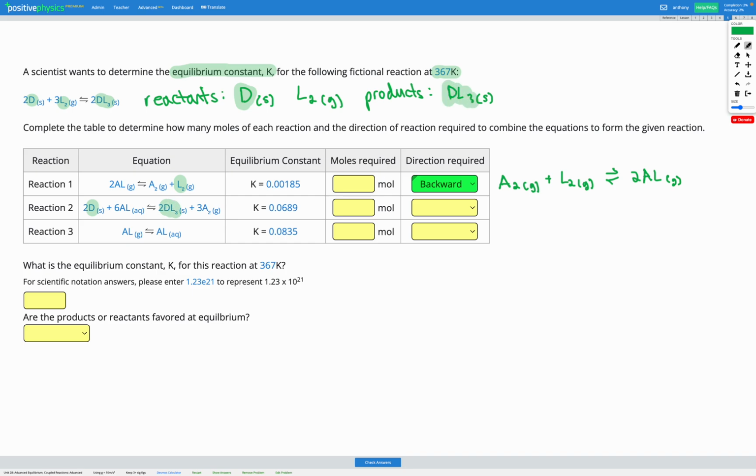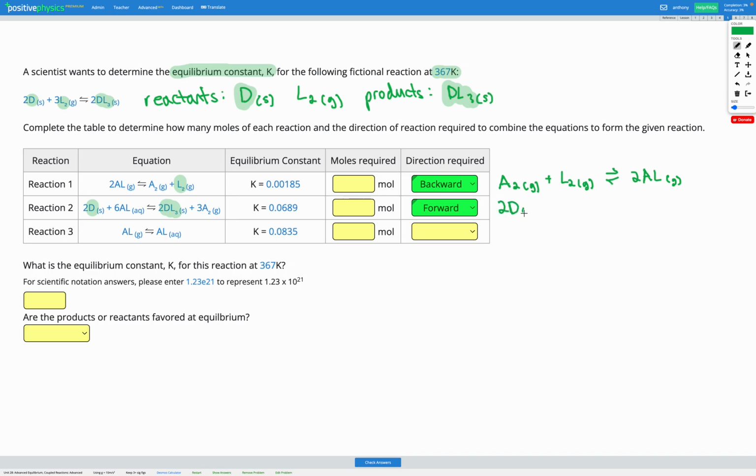So D is in the reactants of the goal reaction and this step, and DL3 is in the products of the goal reaction and this step. So that looks like it's already in the correct direction. So we want that to be forwards. We can write out this equation in the same direction it already is.